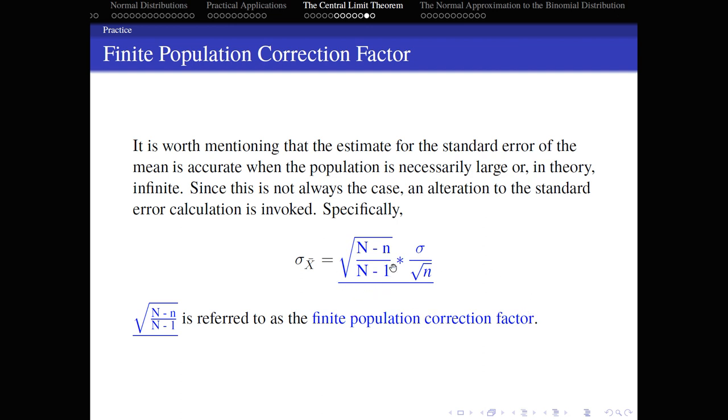It's the part of the equation that corrects for the fact that the population may not be infinitely sized. So if N is infinity, this all goes away and we just have what we normally have. But when N is not infinity, let's say you've only got 30,000 students at your university, so capital N might be 30,000. That's the total number that you could use. Then you would want to use this finite population correction factor when you're calculating your standard error of the mean.